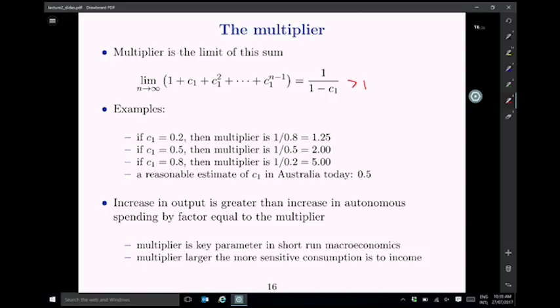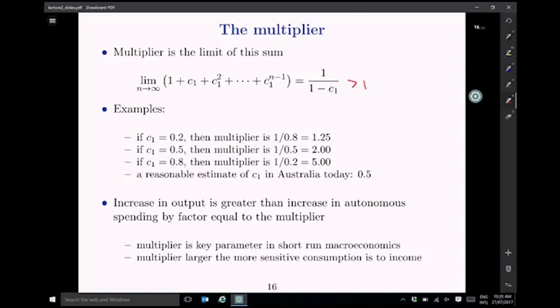On the other hand, if you have an intermediate value of C1, 0.5, you spend half of your extra dollar, the multiplier in this case will be 2. And if the marginal propensity to consume is very high, you spend almost all of your extra income, then this multiplier will be really big.